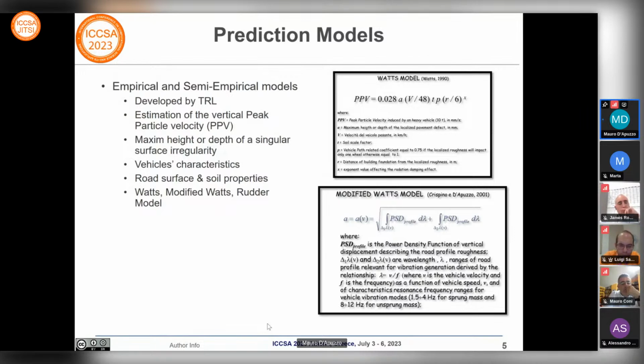Watts was the researcher who first proposed a simplified method to evaluate vibration induced by road traffic, expressed in terms of peak particle velocity at a specific distance from the vibration source. And we proposed a modified, simplified prediction method, taking into account also some sort of road roughness descriptor that was derived by power spectral density representation of road roughness itself.